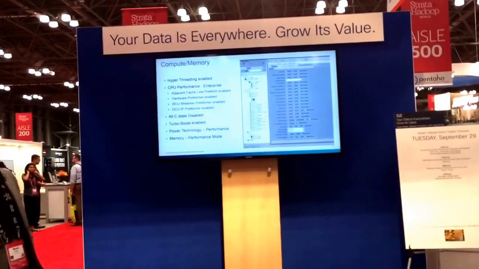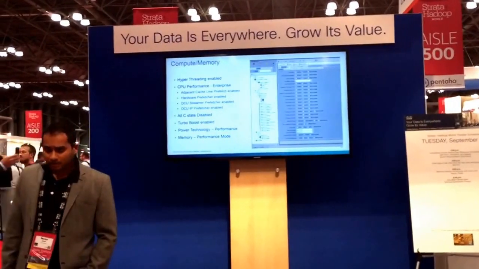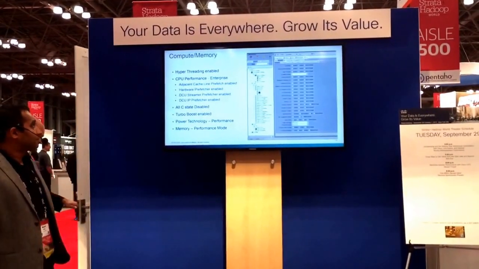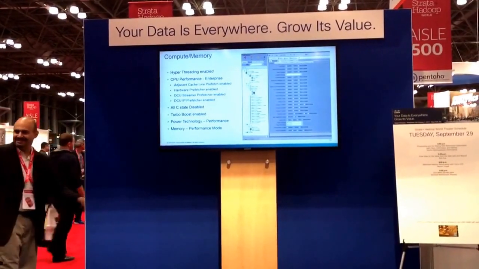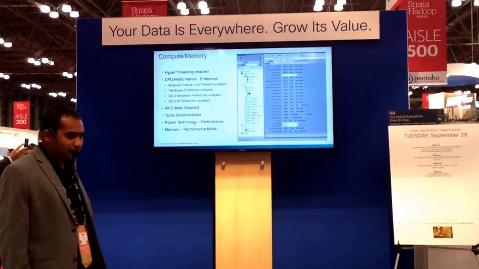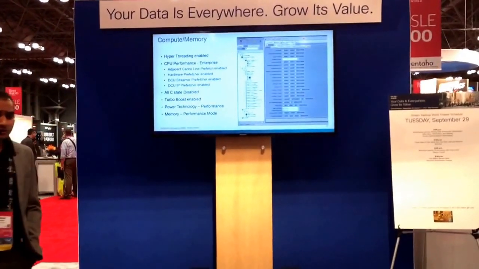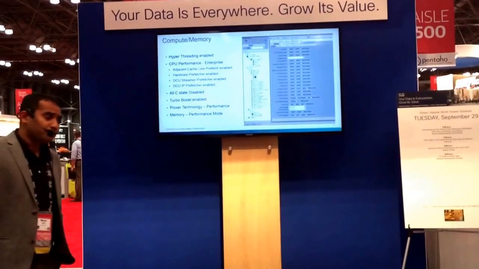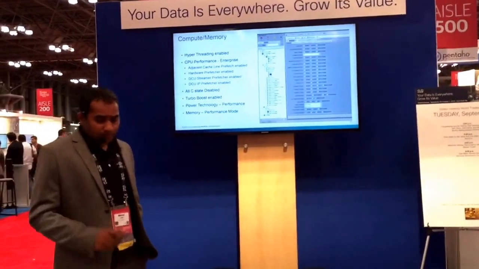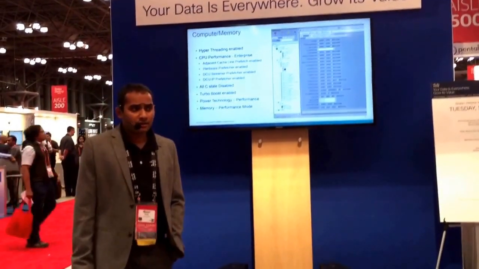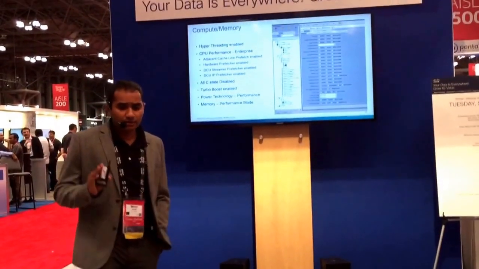Let's go to the next part. An important part of the infrastructure for improving performance is compute and memory. In compute, we have 4 important things to discuss. First is hyperthreading enable. Hyperthreading is a logical core, and you need to enable that to get a performance boost. Second is CPU performance. CPU performance varies based on the workload. If you have a different kind of workload, you have to check which CPU performance setting is good for you.